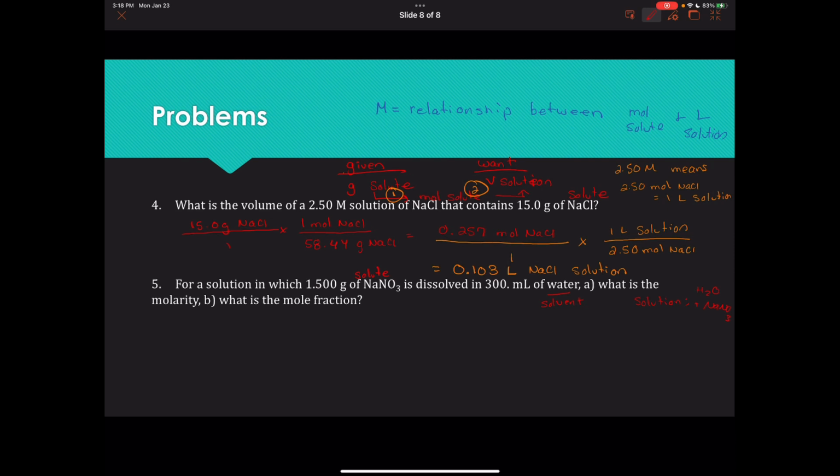So we're looking for molarity. If I want molarity, that means I need moles of sodium nitrate per liter of solution. We're given 1.5 grams of solute, so we can convert those grams to moles using the molar mass of the sodium nitrate.